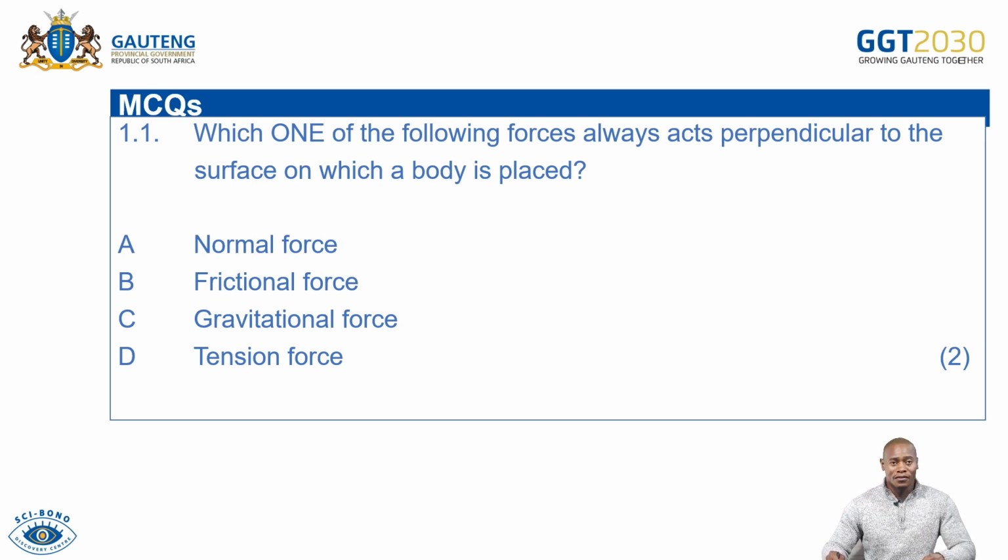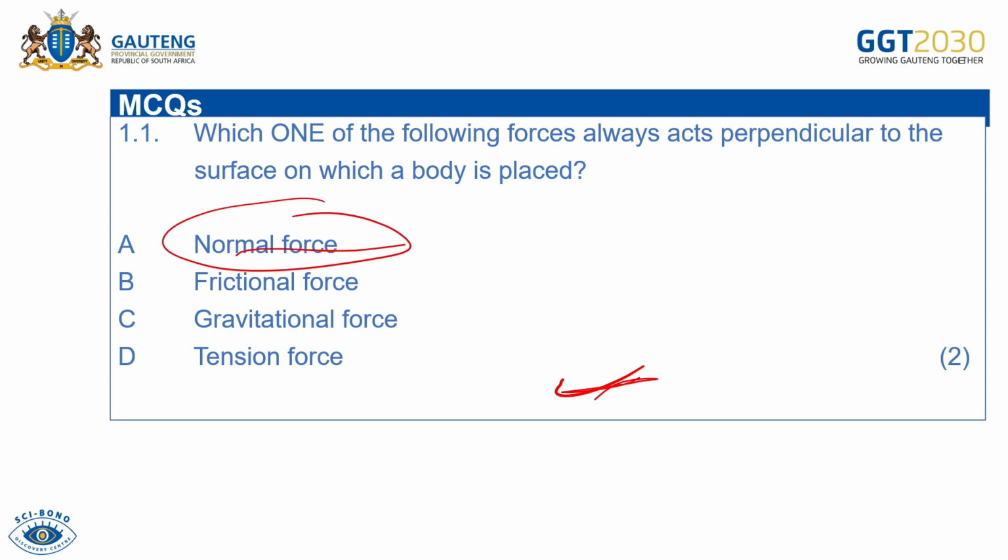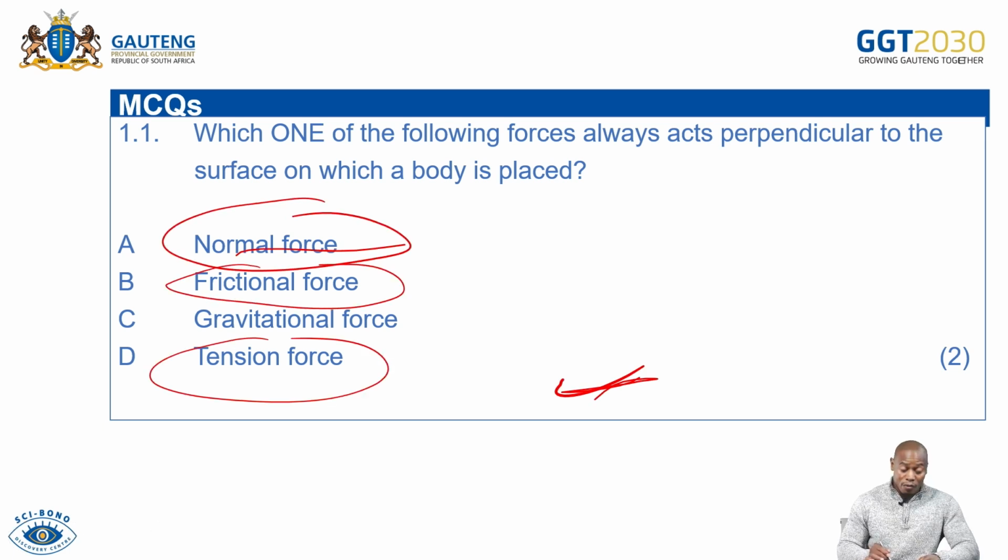And the contact forces here are your normal force, your frictional force, and your tension force. All right, so these are contact forces, and then you have your gravitational force, which is a non-contact force.